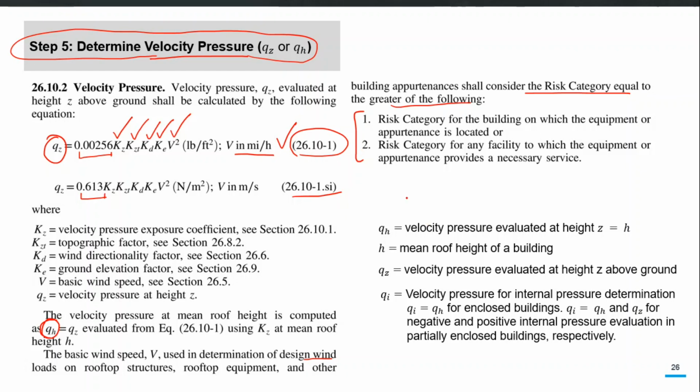We should keep that consideration in mind while selecting the risk category. So all the notation is clear now. We will finally be determining the velocity pressure qz or qh, depending upon what height we use, in that particular expression.